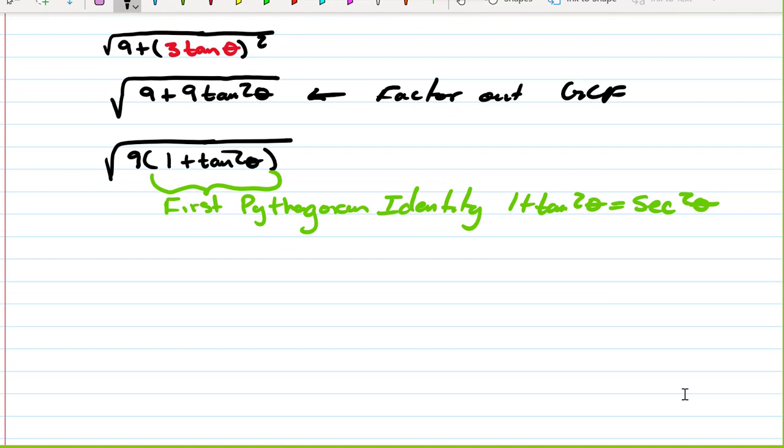So now that leaves us with the square root of 9 times secant squared theta. Well, 9 is a perfect square and secant squared is a perfect square, so the square root of 9 is 3, and the square root of secant squared is just secant. So after making that substitution and simplifying, that reduces to 3 secant theta.